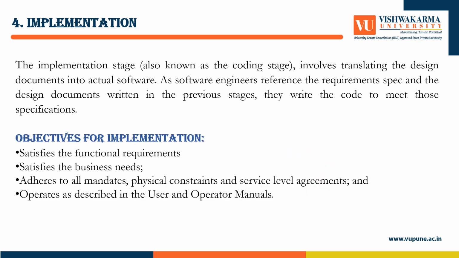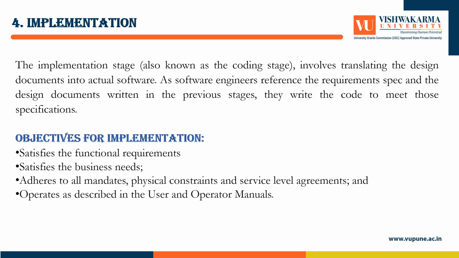Now the fourth one is implementation. Implementation is nothing but the coding phase, like the backend, where the software is developed in a language, which can be Python, Java, anything. Implementation involves translating the design documentation into actual software, like translating to machine language so it can be understood.